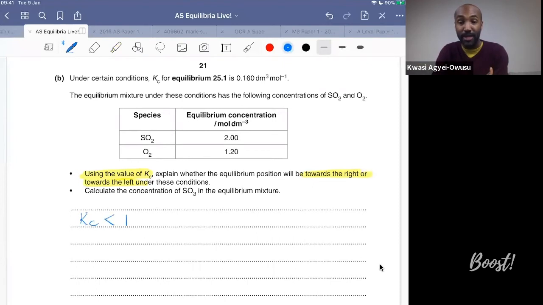Okay, so that's telling me that you've got more reactants than you've got products. Okay, so in other words, the equilibrium lies to the left. Okay, so Kc is less than 1, therefore equilibrium position will be towards the left.